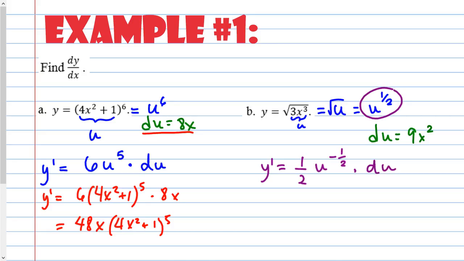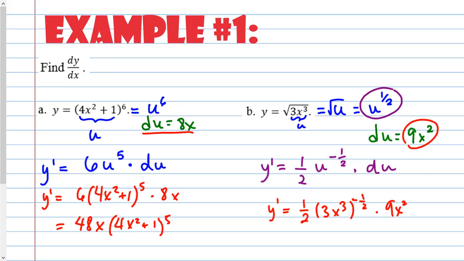And now I just replace everything because u is not really part of my original function. Let's use red. So y prime is 1/2 times u. What was u? Oh yeah, 3x cubed to the negative 1/2 times du, which is just 9x squared.